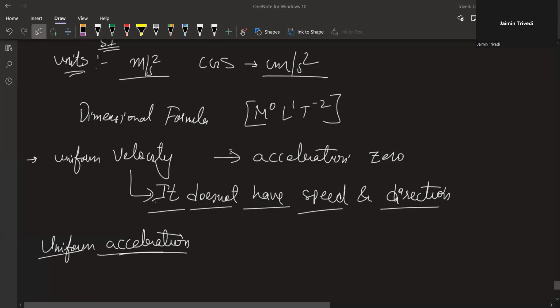Projectile motion. When a body is uniformly accelerating with respect to time, its velocity is changing uniformly.